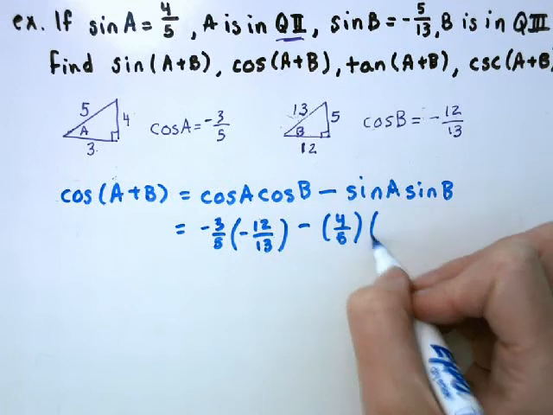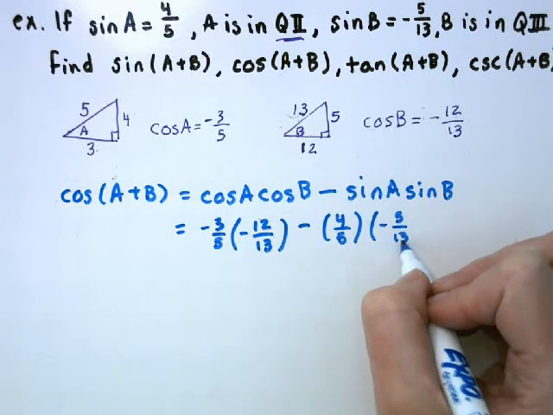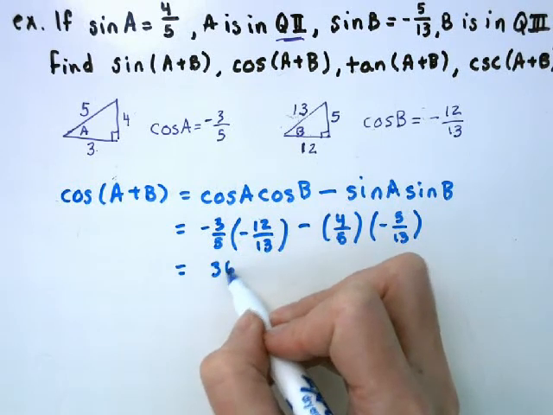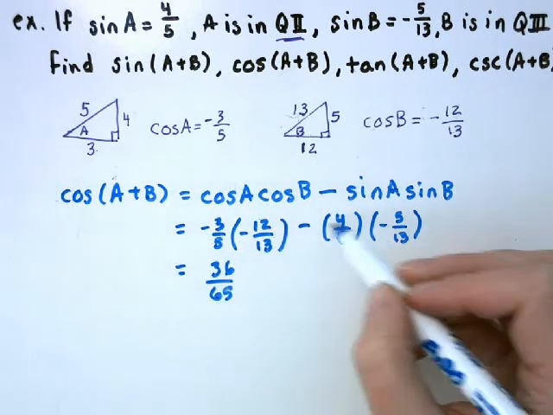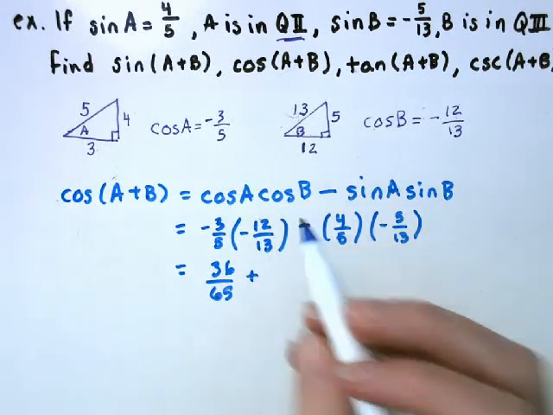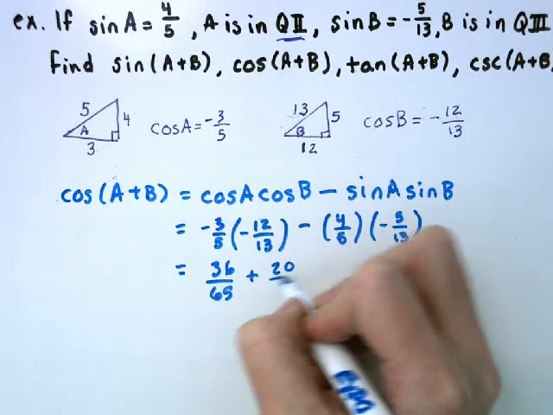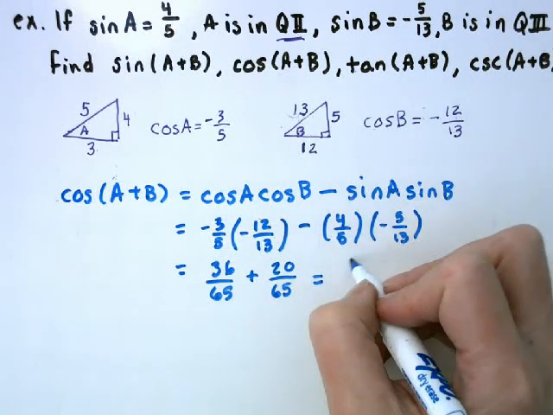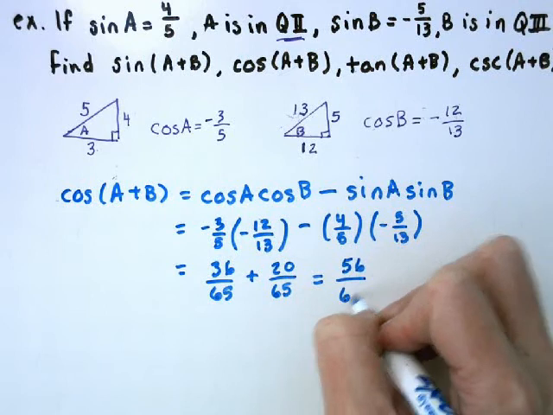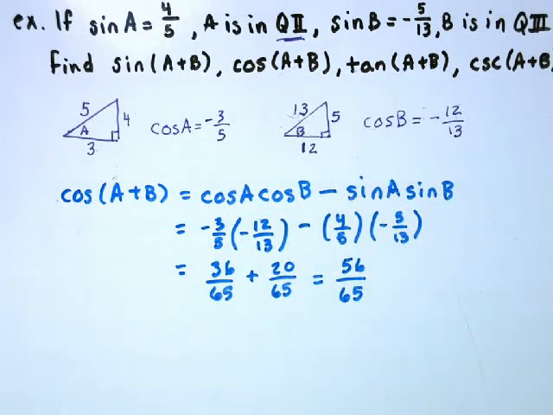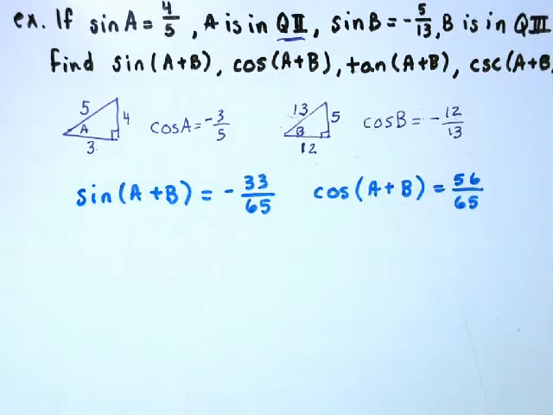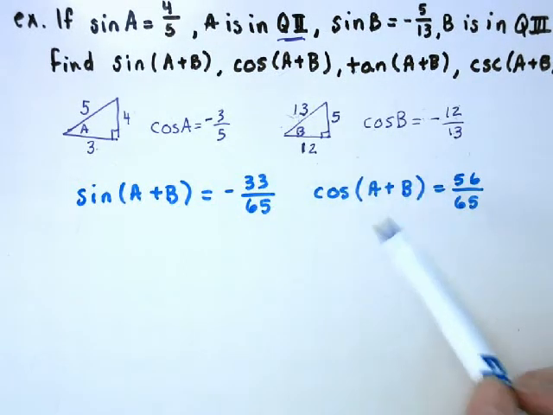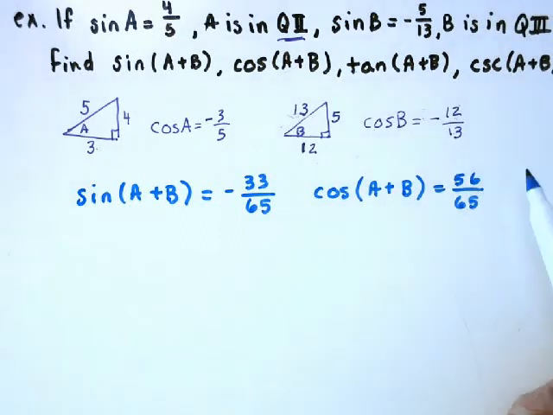Sine of B is negative 5/13. So this is going to be a positive 36/65. Minus minus makes this a plus 20/65, which is 56/65. So we found sine of A plus B is negative 33/65, and cosine of A plus B is 56/65.